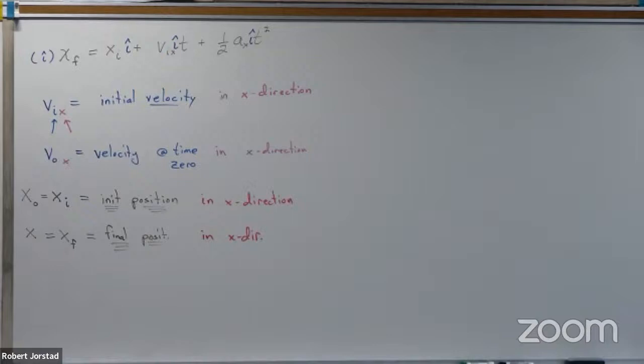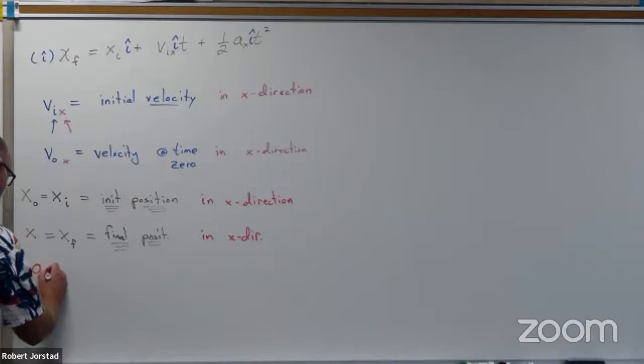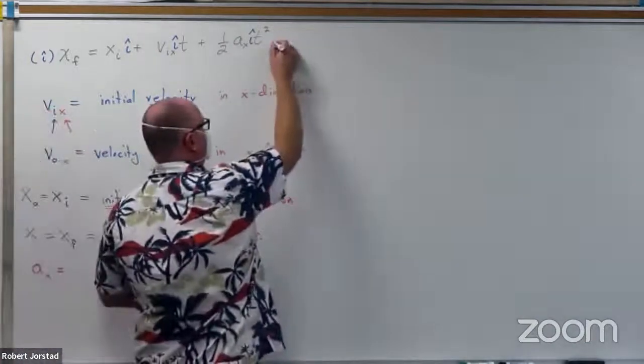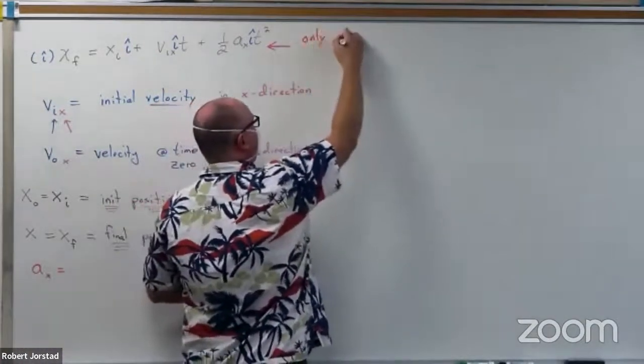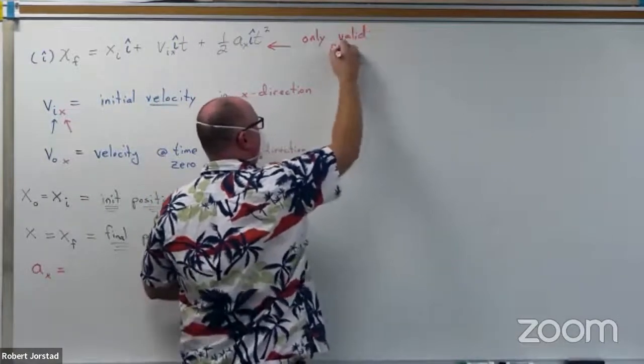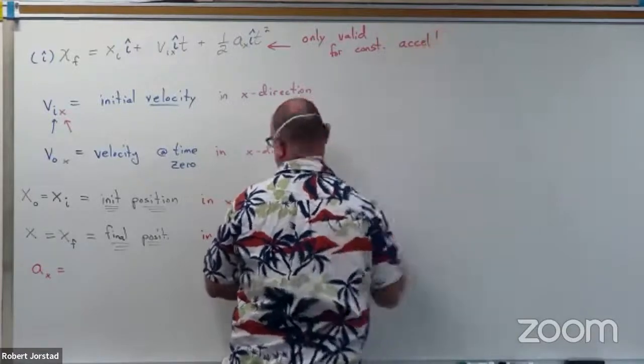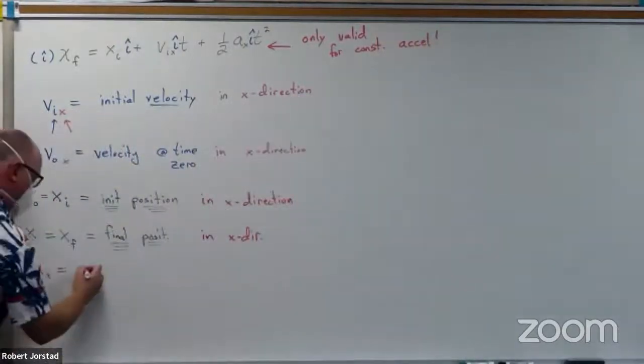All right. So what's A sub X? Take a guess what that means. Yeah. Is it the initial or is it the final? Do you see a subscript I or a subscript? Yeah. So what do you think? It's constant. This equation is a special one. It's only valid for constant acceleration. So A sub X is just the acceleration.